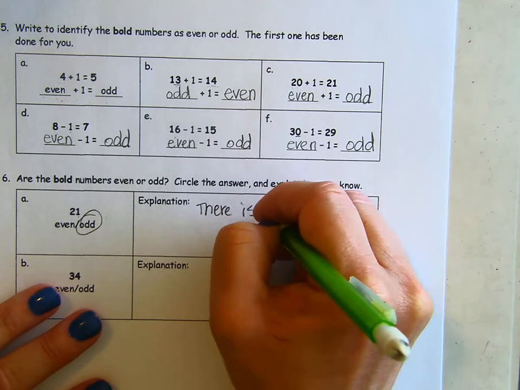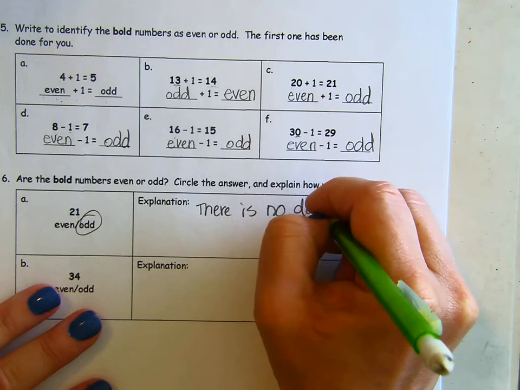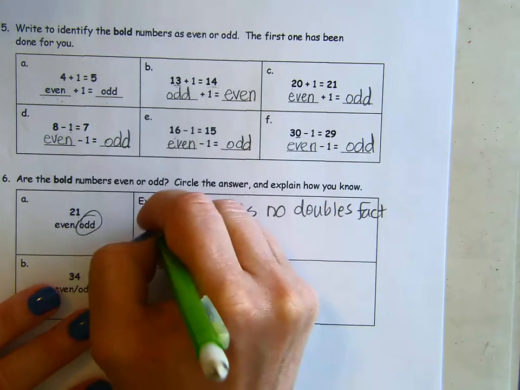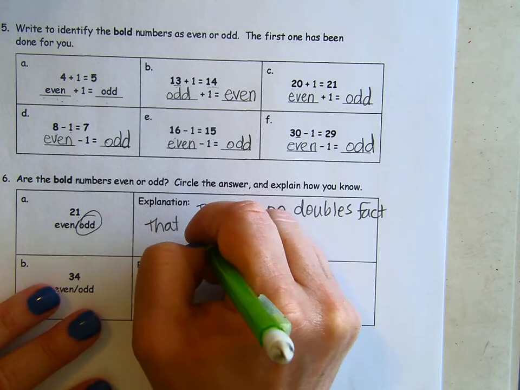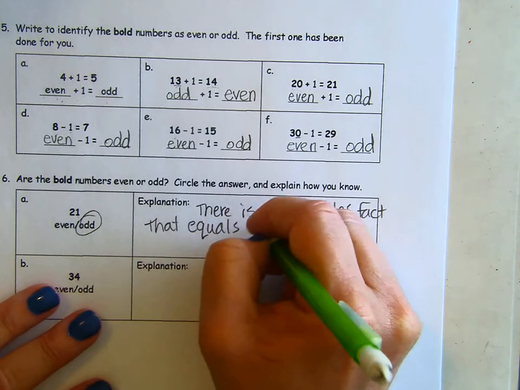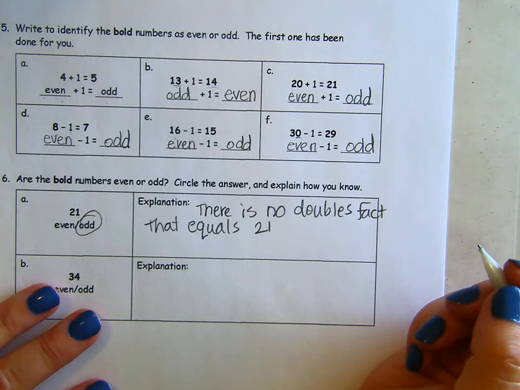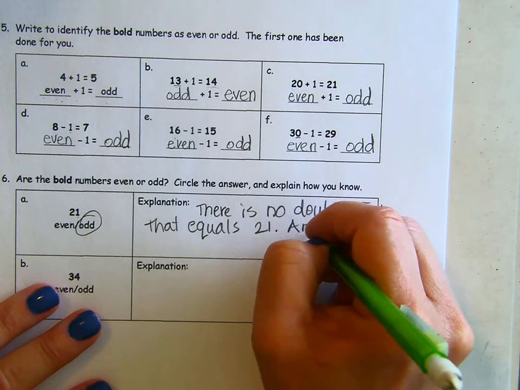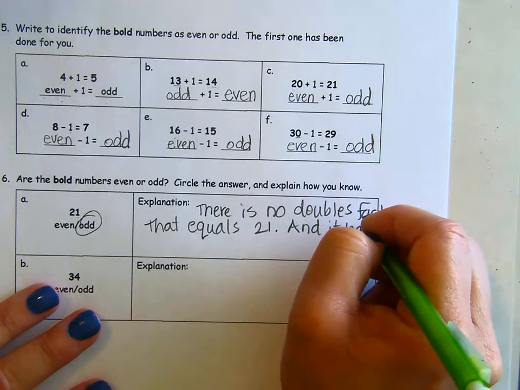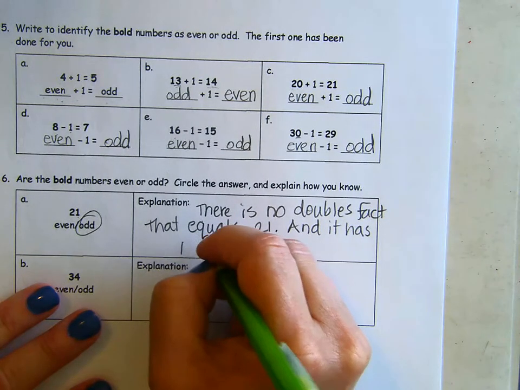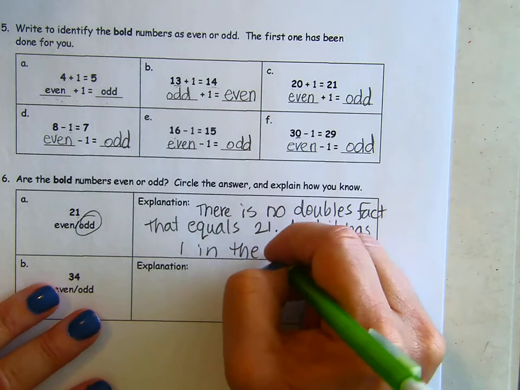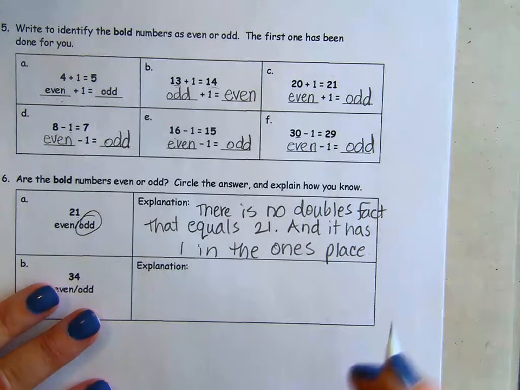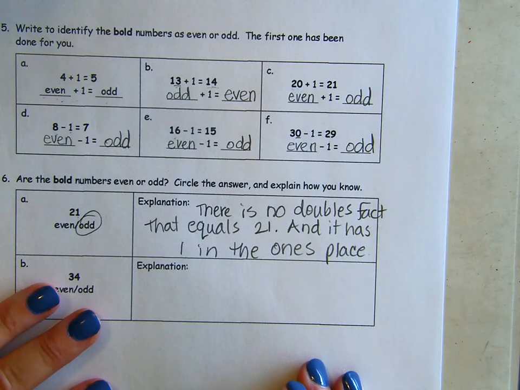There is no doubles fact that equals 21. And it has 1 in the ones place. That is not one of the digits we're looking for. 2, 4, 6, 8, or 0.